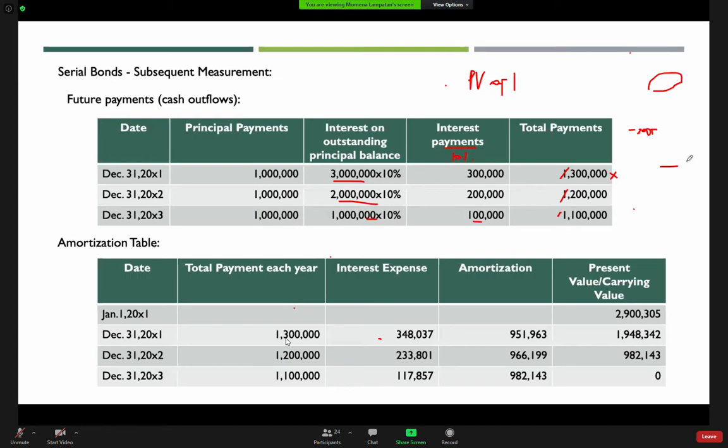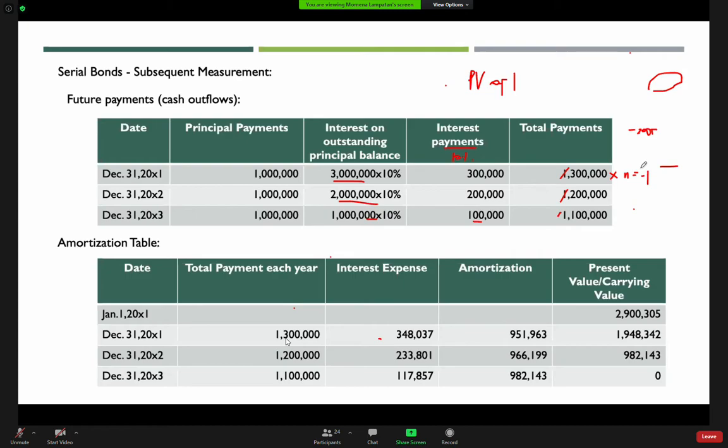So sa first year, ang magiging N ninyo is negative 1. So, kasi itong value na to is the value that will be paid on December 31. Okay, so to bring that value to January 1, ilang years lang ang distant? 1 year lang, di ba?